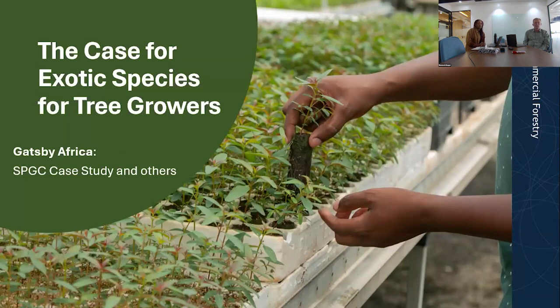So we bring a wealth of knowledge when it comes to plantations, trees, and of course, the economic benefits of such practices for farmers, governments, institutions, etc. So today I'll be presenting the case for exotic species, mainly pine and eucalyptus, using the SPGS case study and others.